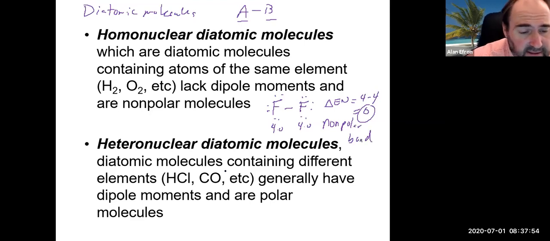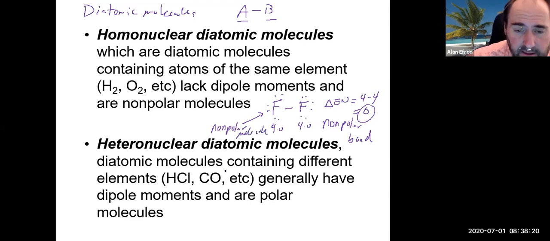That is the bond polarity for this molecule. But because this is a diatomic molecule, it only contains one bond total, which means the only bond in the entire molecule is nonpolar, so by default this molecule also needs to be nonpolar.